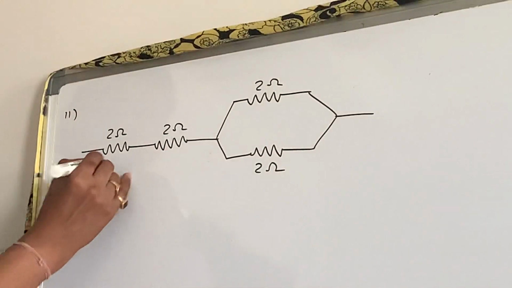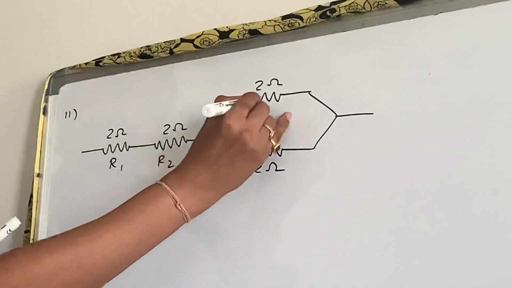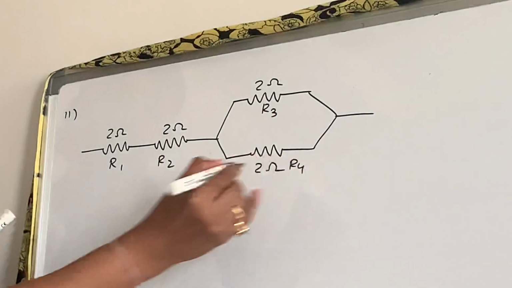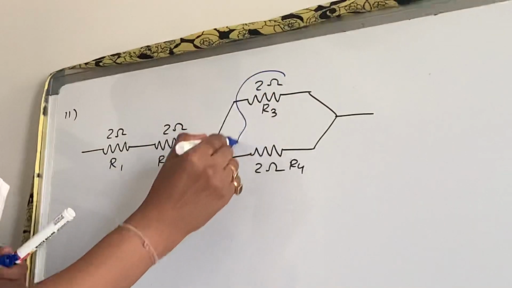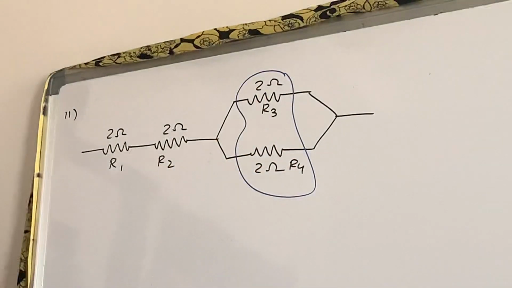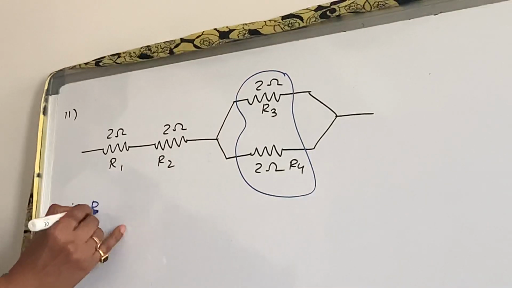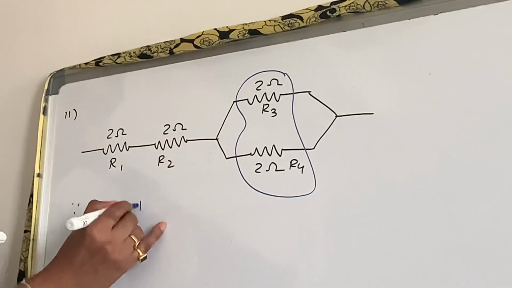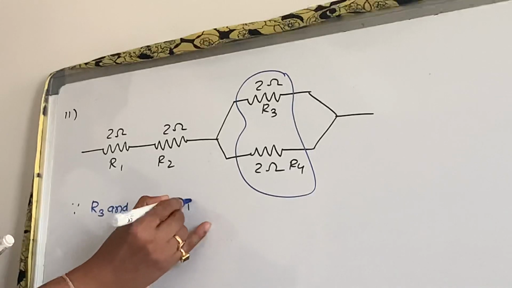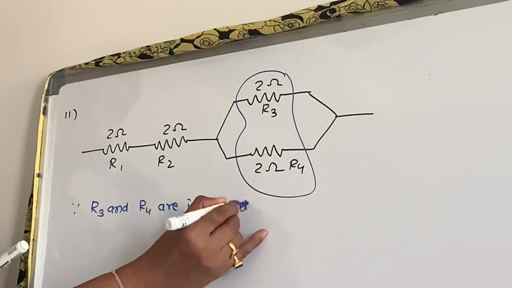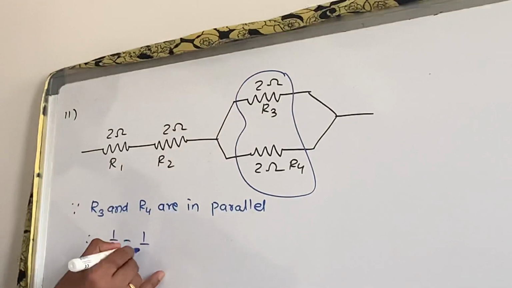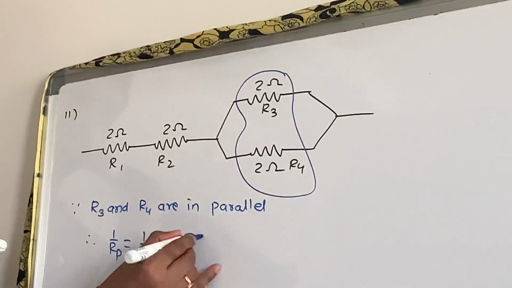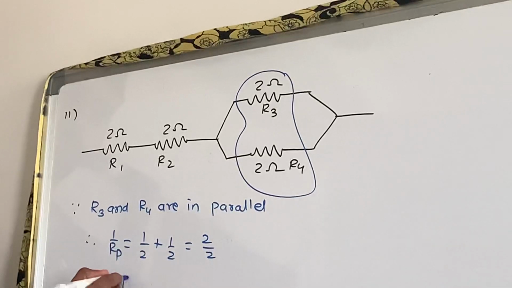I will call them R1, R2, this is R3, and this is R4. First of all, I will take these 2 resistors in parallel. So since R3 and R4 are in parallel, I can write 1 by Rp is 1 by 2 plus 1 by 2, that is 2 by 2. So your Rp is equal to 1.